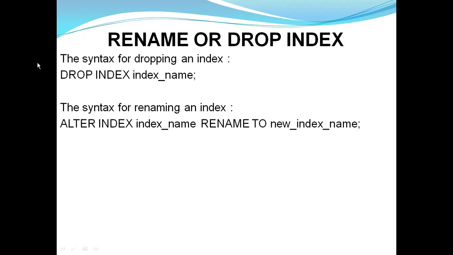Same way, if anything has to be dropped, you use the keyword drop. Drop index name. The syntax for renaming an index is also the same. Alter index, index name, rename to new index name. So what is the meaning of rename? Changing the name of the index. Simple here.